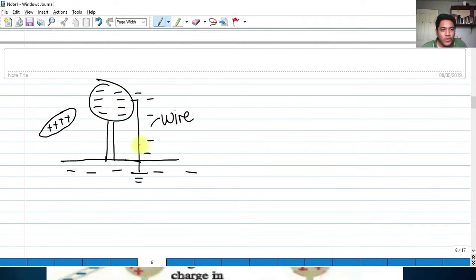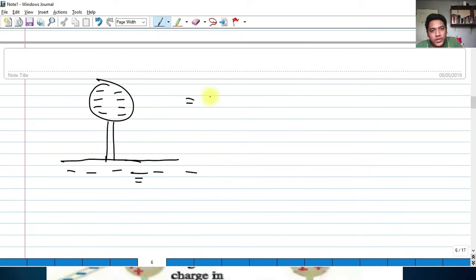So if we remove the wire, what happens is that you are left with negative charges. And then if you remove the rod, the negative charges arrange themselves again in the center.